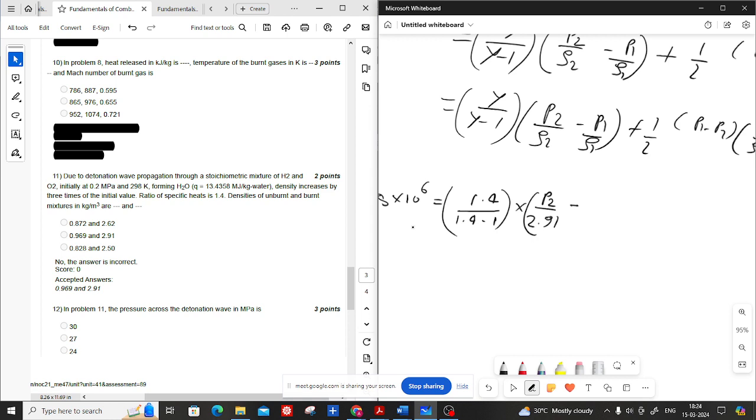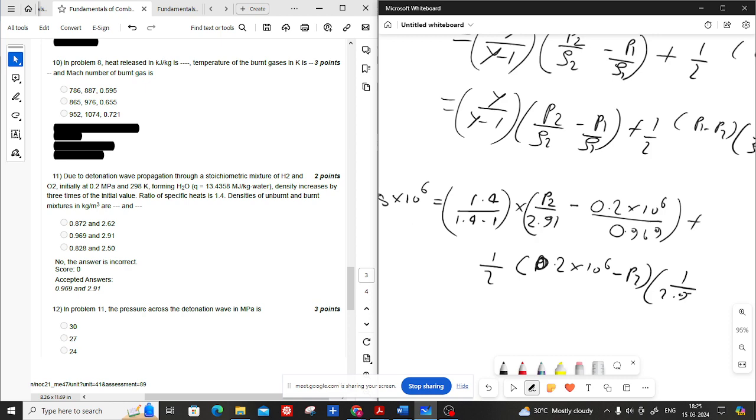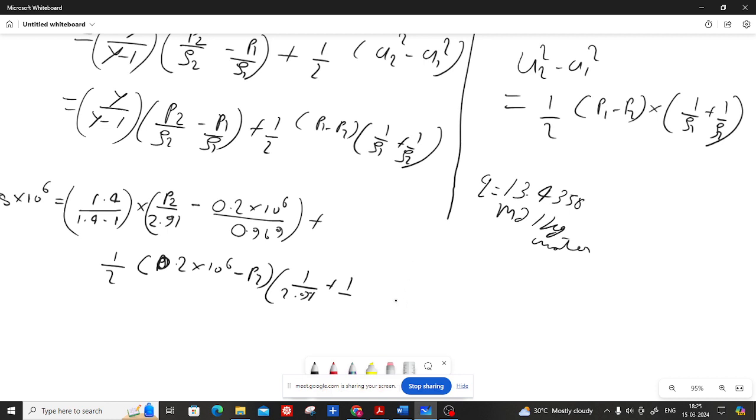P1 is given, right? We know P1 is 0.2 megapascal. So 0.2 into 10 to the power 6 upon rho 1, which is 0.969, plus 1 by 2 into (P1 minus P2), where P1 is 0.2 into 10 to the power 6, into (1 upon 2.991 plus 1 upon 0.969).